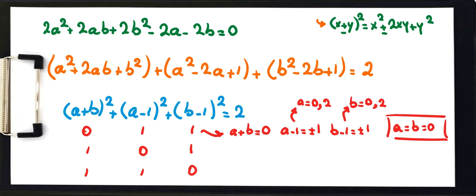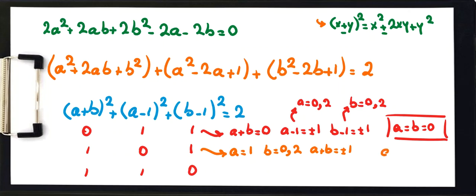Now let's check another case. We know a minus 1 is 0, so a is 1. And again, b minus 1 is plus or minus 1, so b is 0 or 2. A plus b again is also plus or minus. So do we have any case? 1, 0 is good.